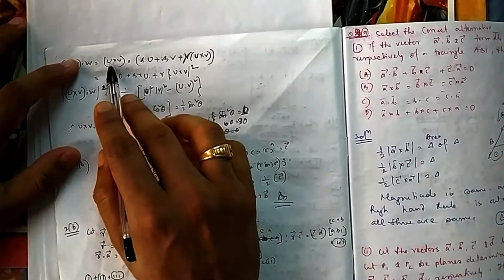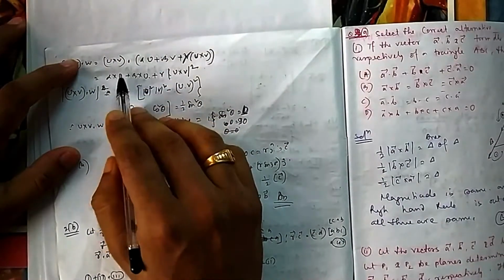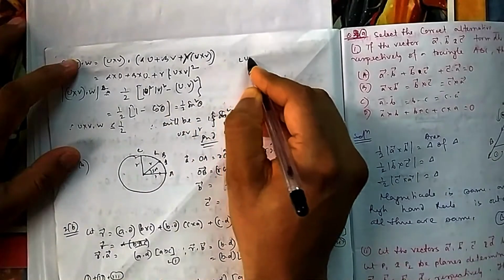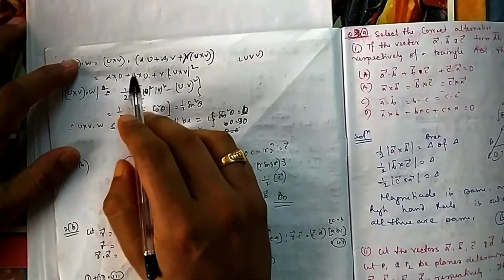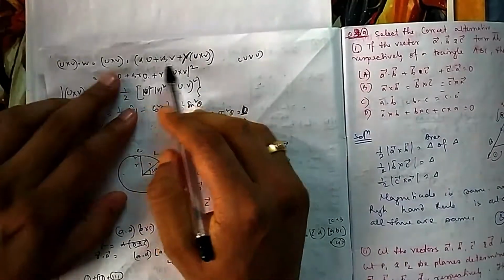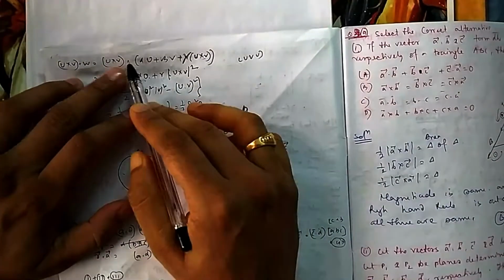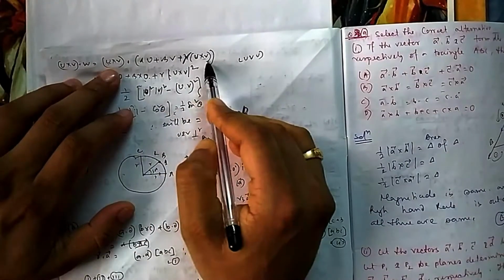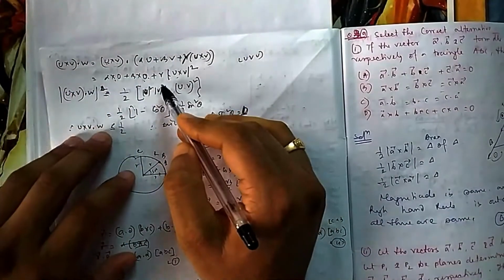If you dot with this one, that is box u v u, which is 0, because u is repeating in the box. Box u v v is also 0, so beta into 0. The last one will be gamma u cross v dot u cross v, so a dot a, that is a square.